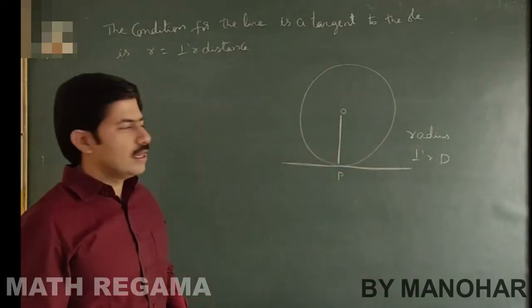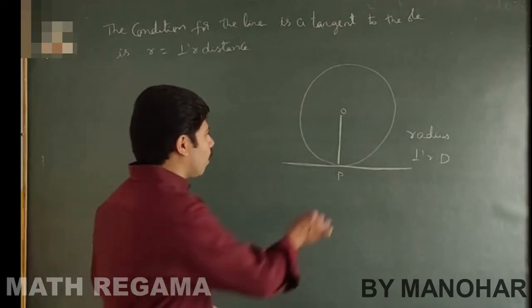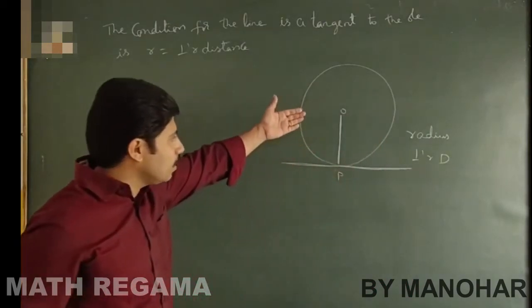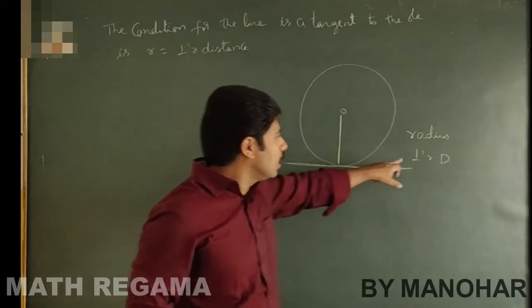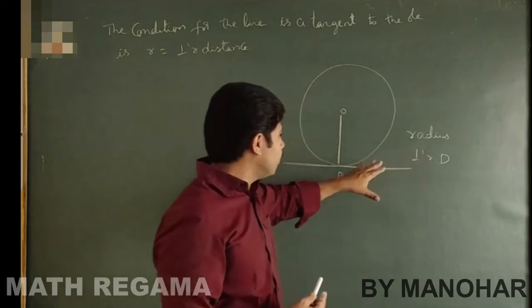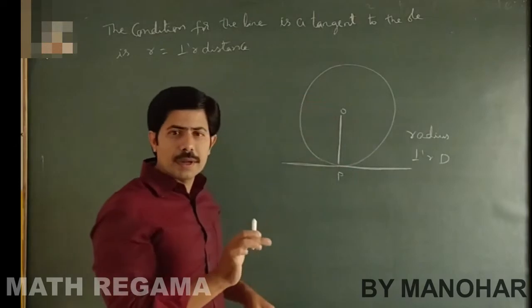OP is a radius. The same OP, with respect to a tangent which is touching at a point, is nothing but the perpendicular distance from the center to the tangent. So that is called the perpendicular distance. That means the distance is the same. OP is radius. OP is also a perpendicular distance.